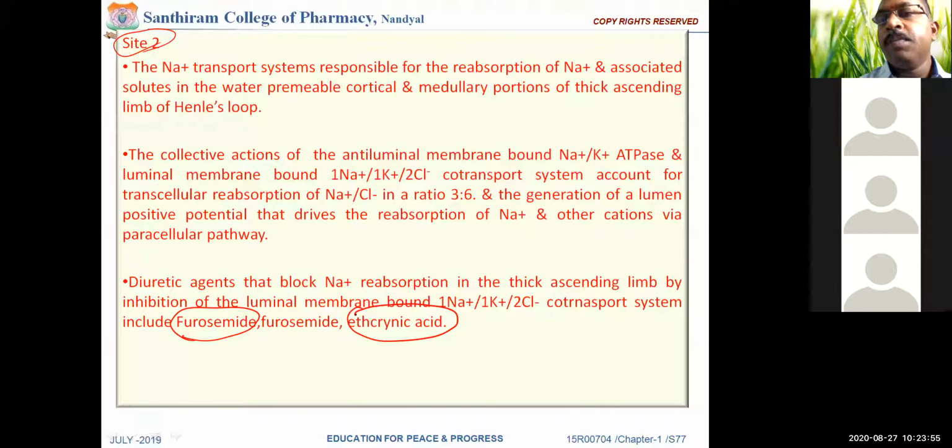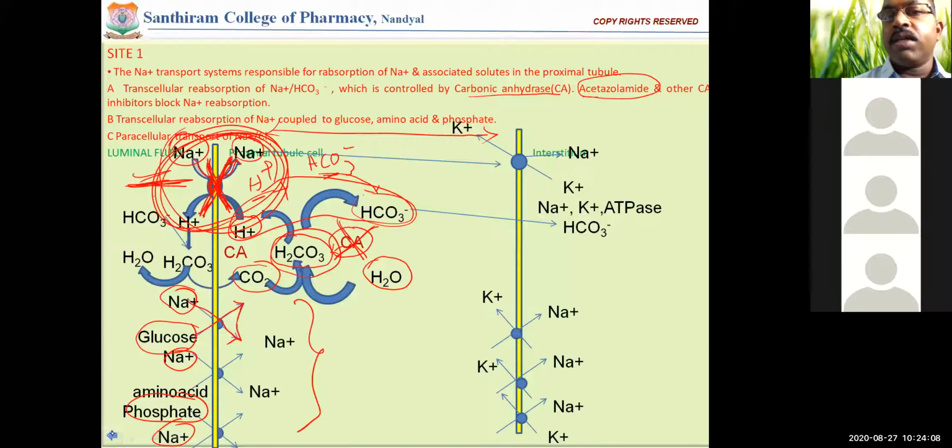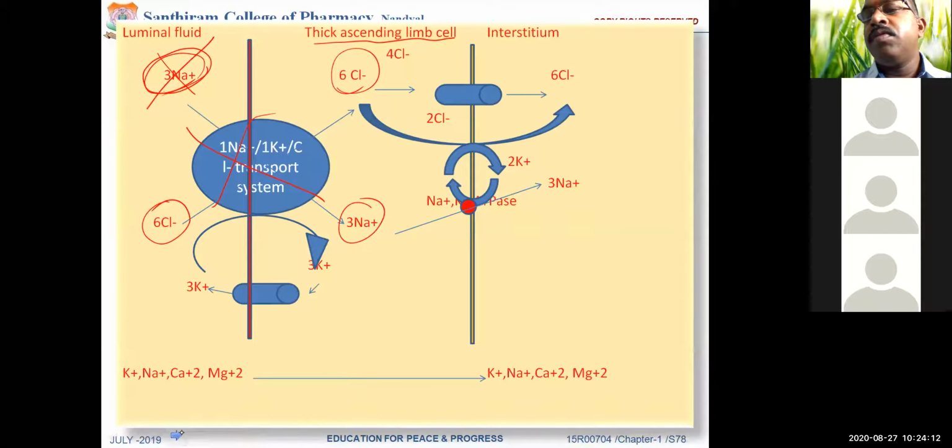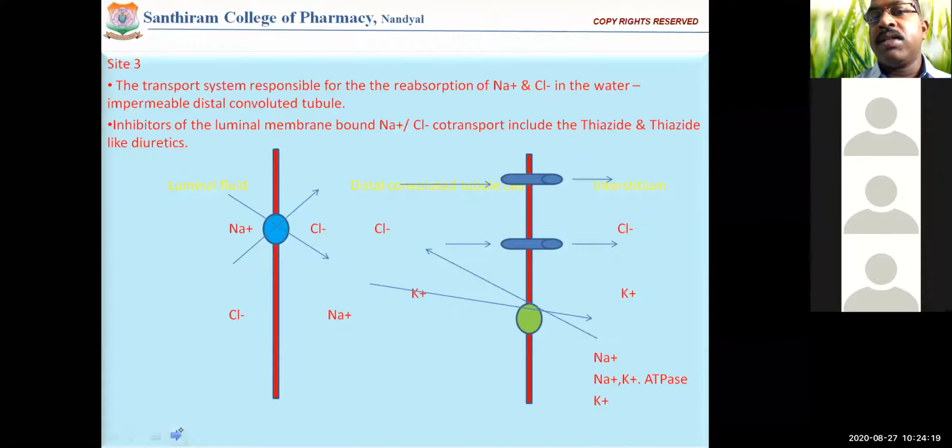So in the first site, it is the carbonic anhydrase inhibitors, and the example we have seen in that category is acetazolamide. In the second site, which prevents the Na+ K+ Cl- co-transport system, furosemide and ethacrynic acid are the examples.